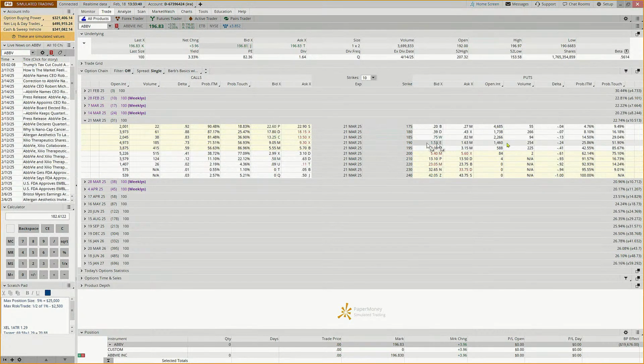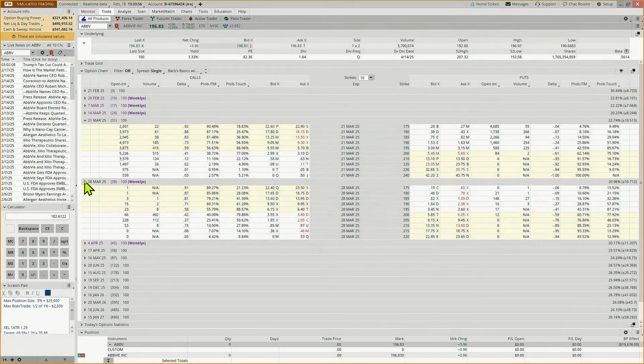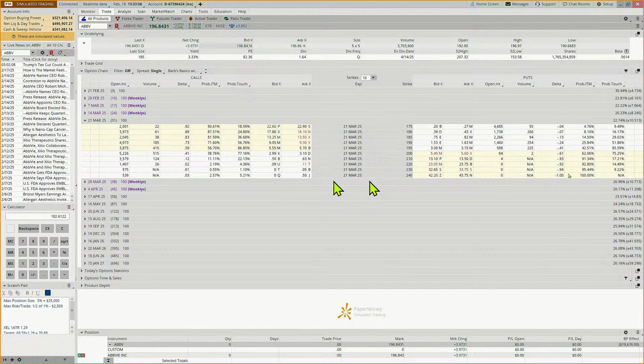If we're looking at the options at 190, we have a 25% chance of it being in the money, but we have a 50% chance of it touching 190. So, the odds at 188, we don't have a dollar wide strike here. Let's see if we have dollar wides. These are all $5 wide. But we have less than a 50% chance of being stopped out, where if our stop is tighter, the probability of it just touching it and nicking us out is higher.